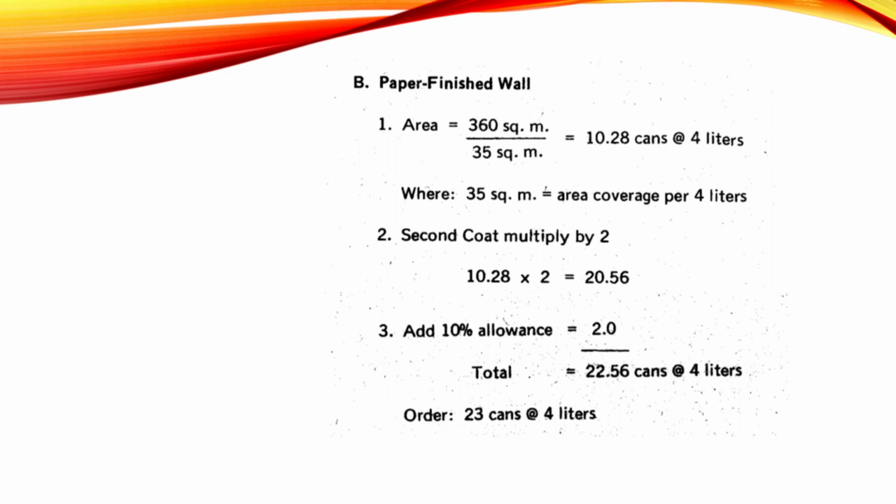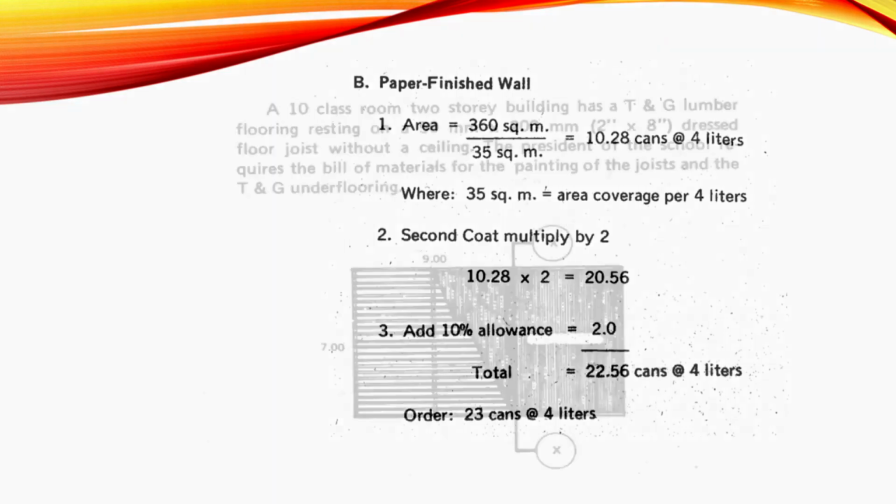We will multiply it by 2 for the second coating. We now have 20.56 cans at 4 liters. We will add 10% allowance. So we have 22.56 cans of 4 liters, or say 23 cans. So we will order 23 cans at 4 liters of acrylic latex paint primer.